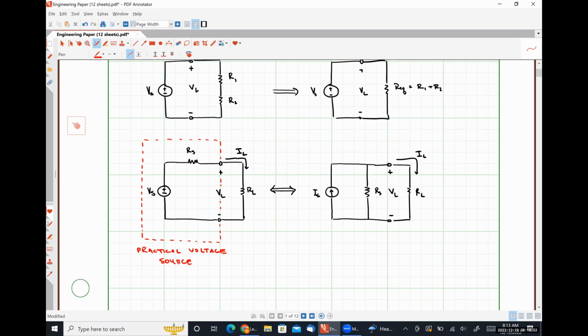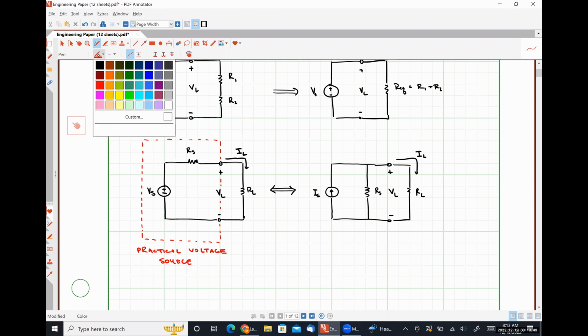So like the batteries and stuff like that that you buy might have somewhere in the ballpark of half an ohm of resistance. Very high-end power supplies probably have single-digit milliohms of internal resistance. Okay.